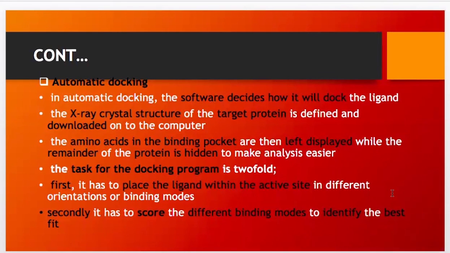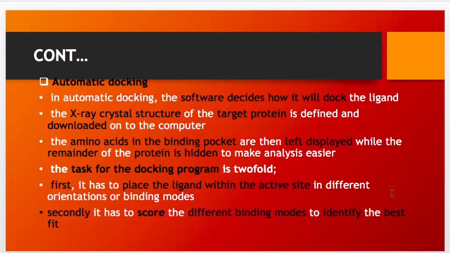Once you download your protein, the amino acids that are found on the binding site are then displayed. You have these different amino acids that are found on that binding site of your protein. They are displayed, while the other part of the protein is hidden.